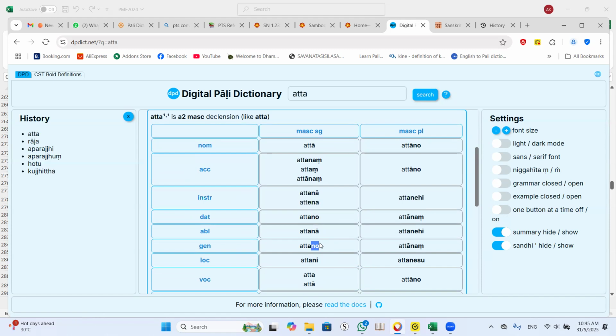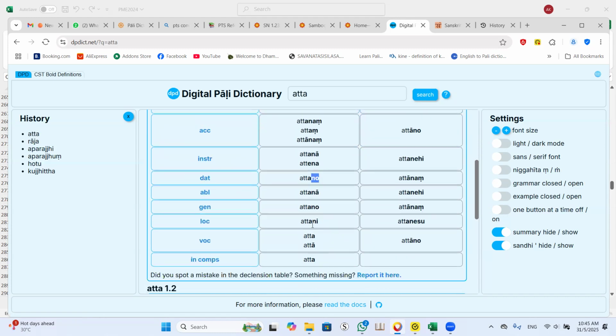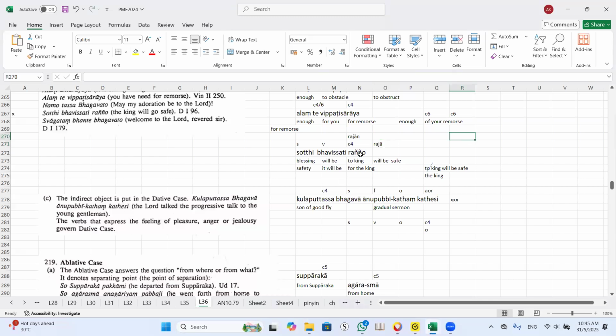When you see no, you definitely know it has to be dative or genitive. So how do you remember? Na, no, and ni. Ni is definitely locative. Because these two cases, dative and genitive, are the same, and instrumental and ablative are the same. Na, no, ni. Then it will make things easy for you to remember. Okay, so this is for the king.